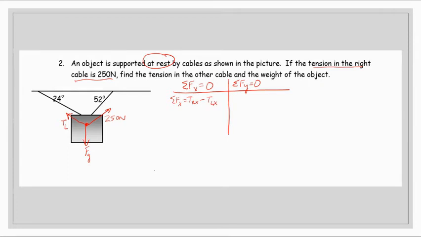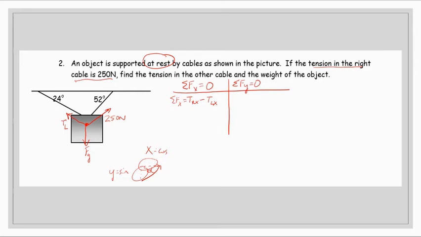Okay, and if we're looking at this in terms of this is our triangle, and this is what our angle is, our X is going to be our cosine, and our Y is going to be our sine, because our sine is our opposite.